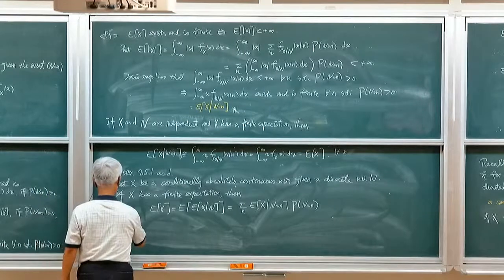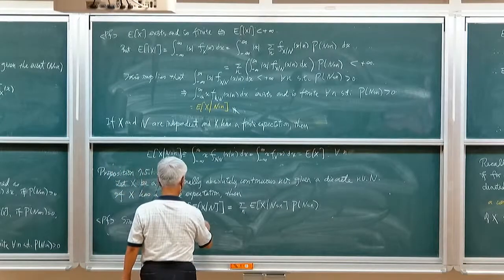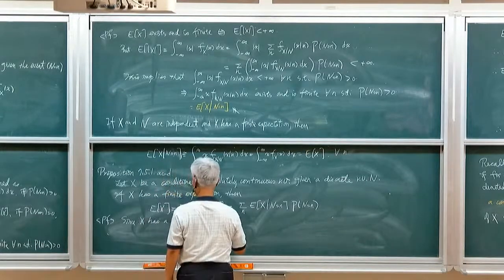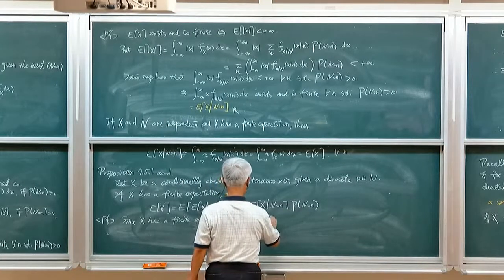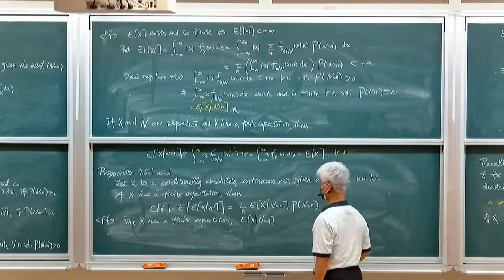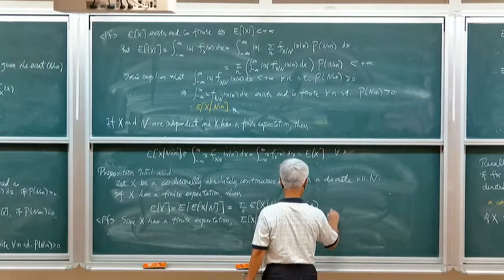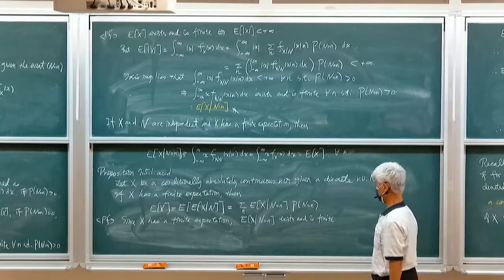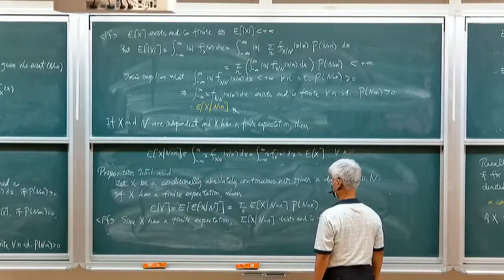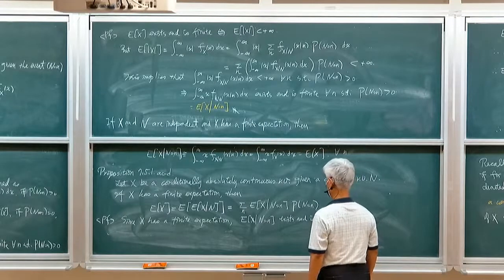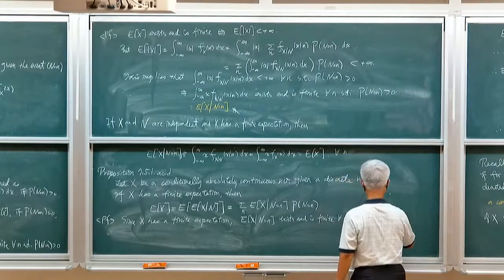Since x has a finite expectation, the conditional expectation of x given random variable N equal to little n exists and is finite for all possible values n of N.